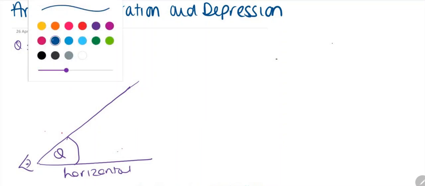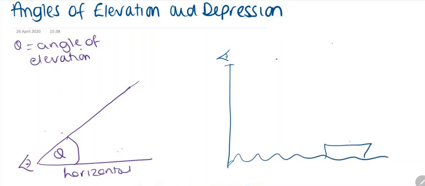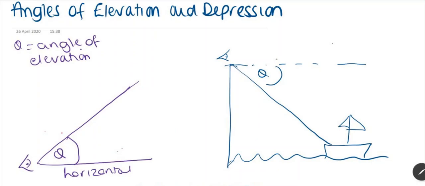Now, if someone was on the top of a cliff, and maybe there's a boat in the water, and they're looking down at this boat, the angle here is called the angle of depression.